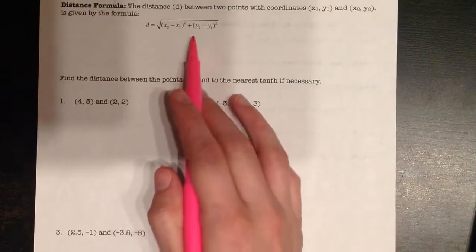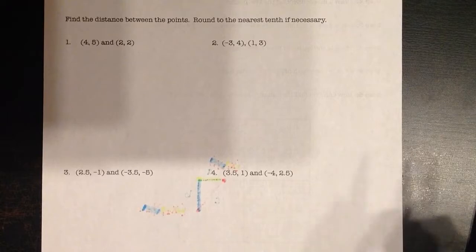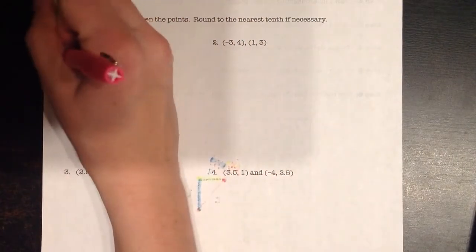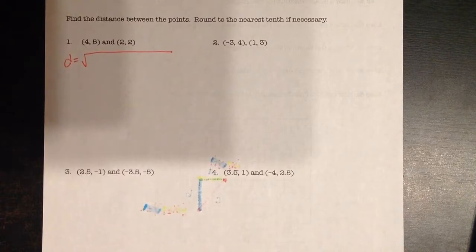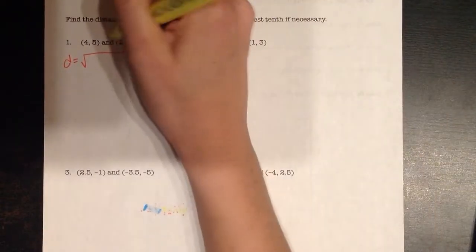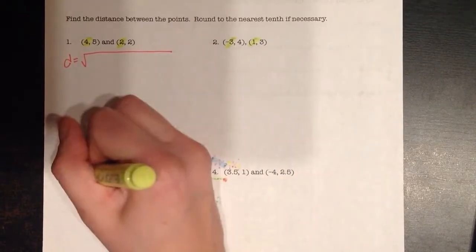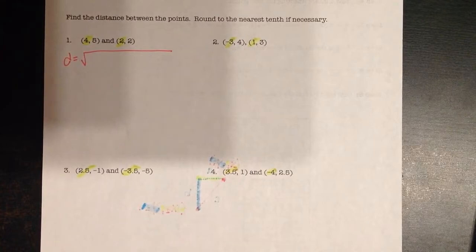Okay, it's up on the top if you need it. So finding the distance between the two points. I know the distance equals the square root. I look at my x's. I'm going to highlight them for each. And my y's.